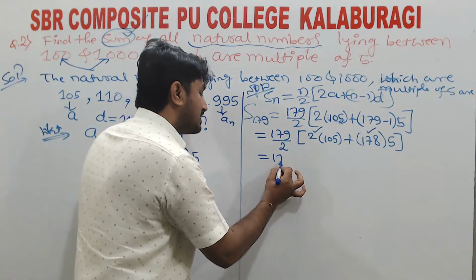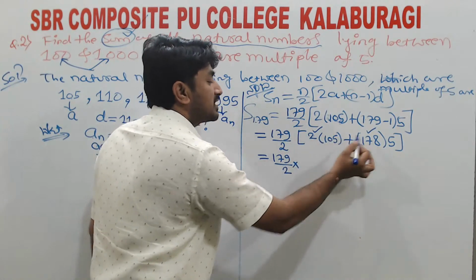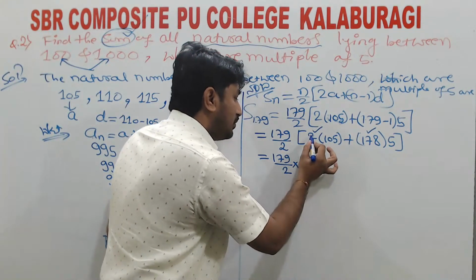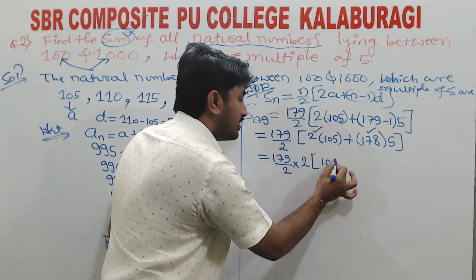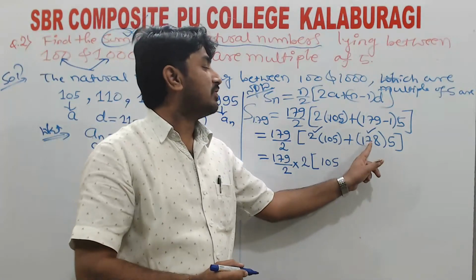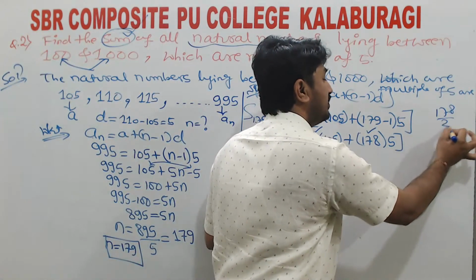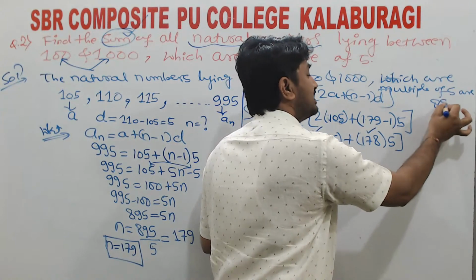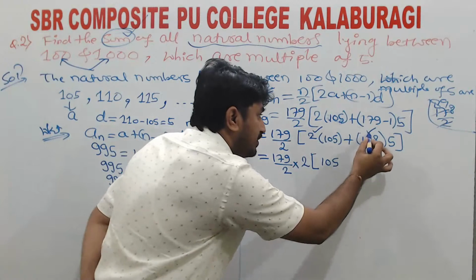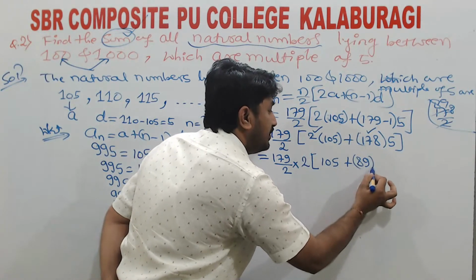It becomes 179 divided by 2 into 2 times, inside remaining 105 plus 178 divided by 2, which is 89, into 5.